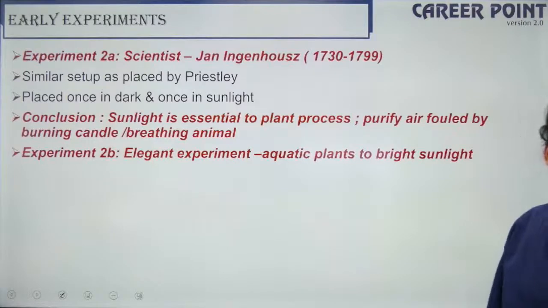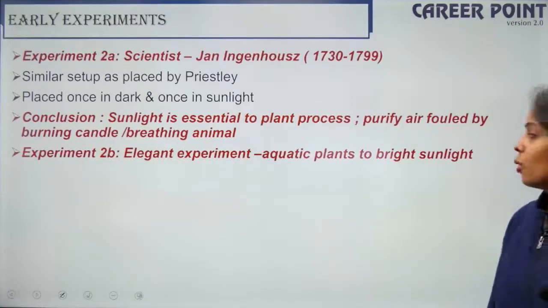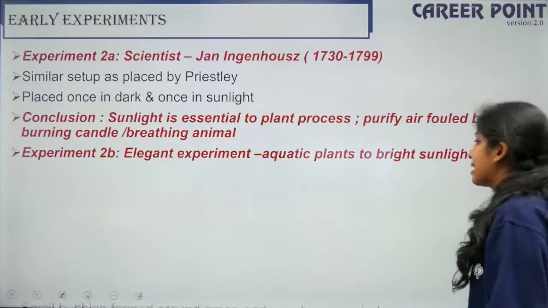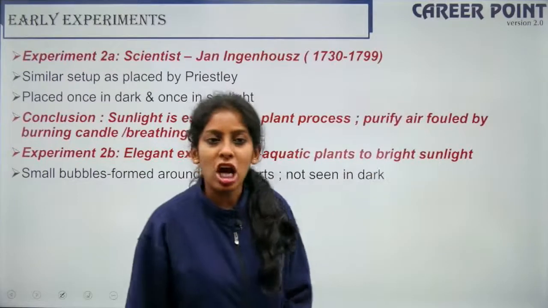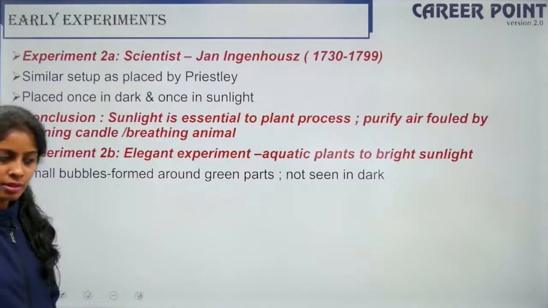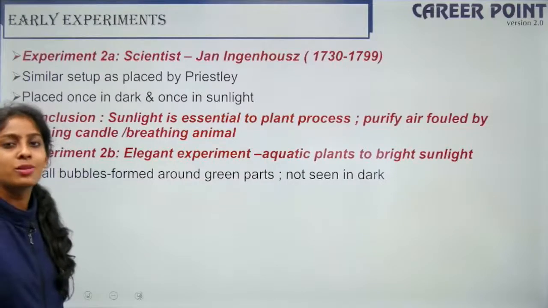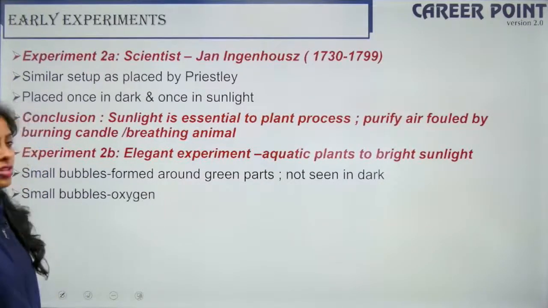The second part of the experiment that Jan Ingenhousz did was an elegant experiment which set aquatic plants in bright light. When he brought them to bright light, he found small bubbles that were visible. The same bubbles are not visible when kept in dark. Which means these bubbles are oxygen.